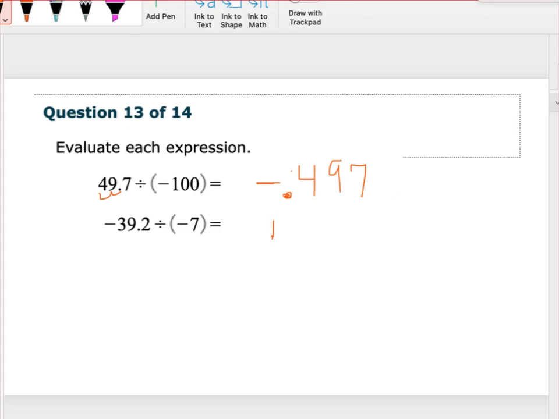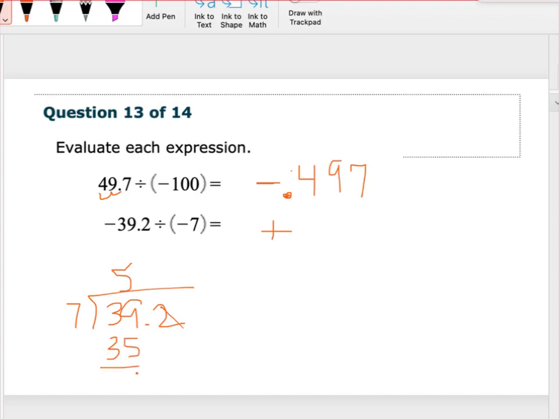Okay, negative divided by a negative gives me a positive. And 39.2 divided by, oops, that doesn't look like a 2, does it? Divided by a 7. 7 into 39. 7 goes into 35 5 times. 5 times 7 is 35.